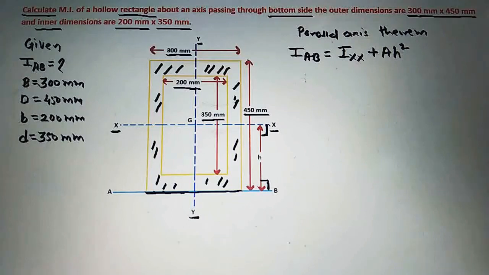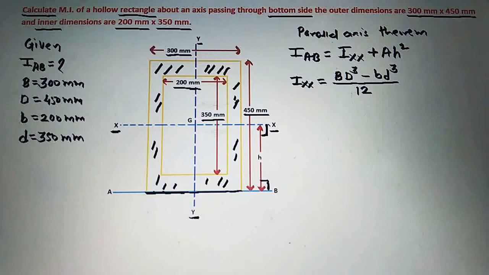Now we will first calculate here the moment of inertia of this hollow rectangular section along its centroidal x-axis, that is Ixx is equal to capital B capital D cube minus small b small d cube divided by 12.